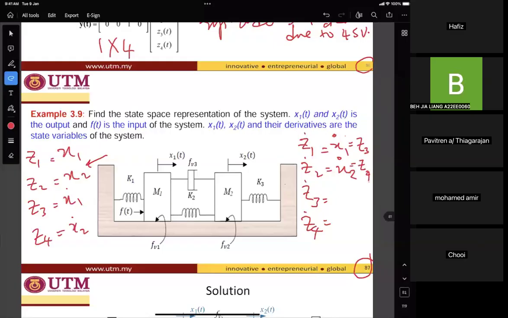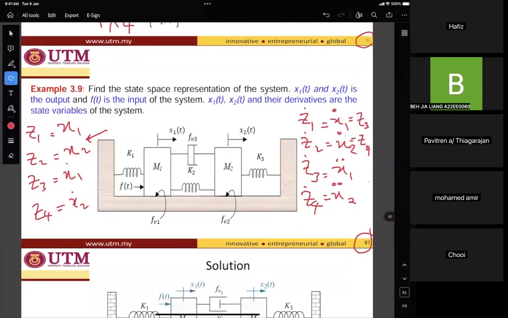Z3 dot, X1 double dot. Z4 dot, X2 double dot. So kita nak cari yang ni lah. Output yang biasa is X2.